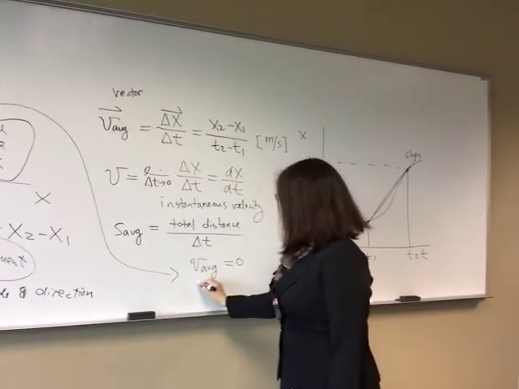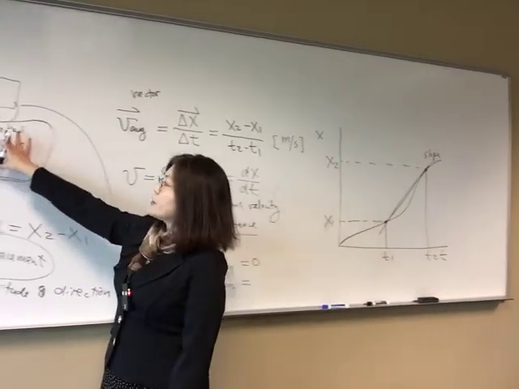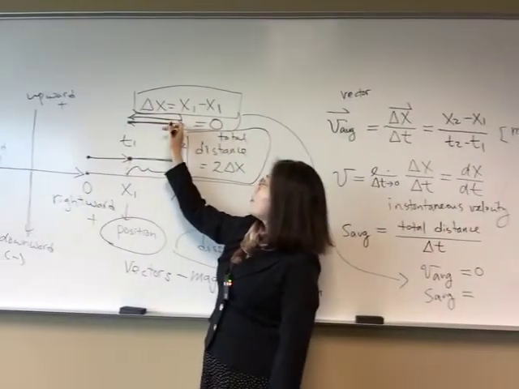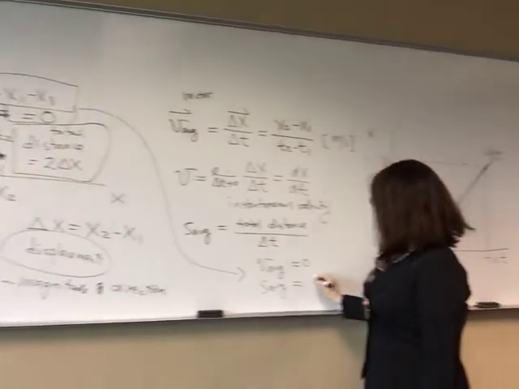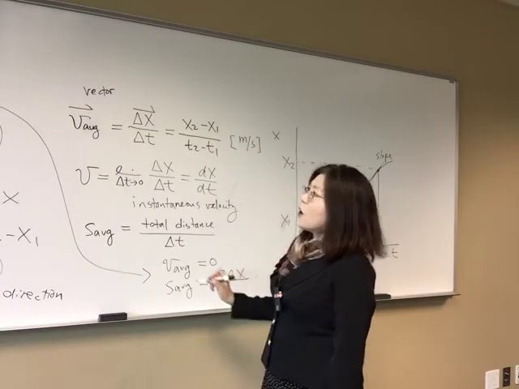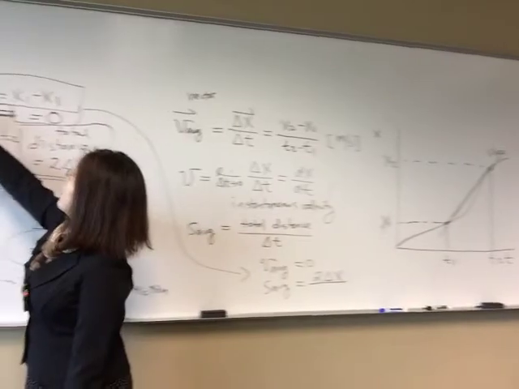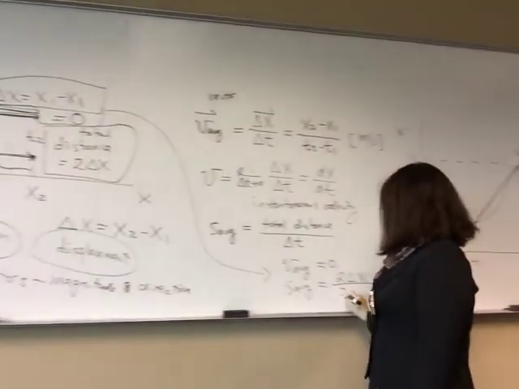For the average speed, we know that the total distance is not 0 because you go from this point to that point and back to that point. So it's 2 times the displacement. So you have whatever numerical value that you have, and then divided by the time. So the time here would be delta t and then delta t, so you have 2 times the delta t.